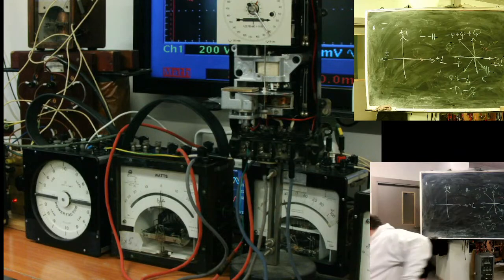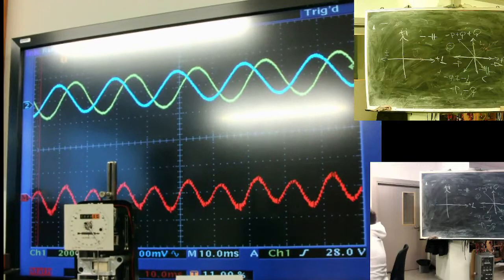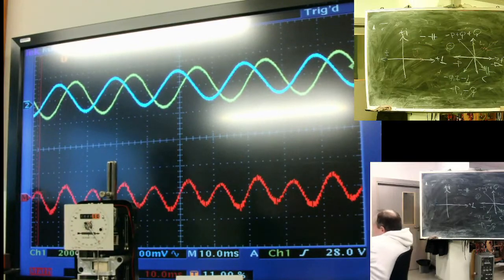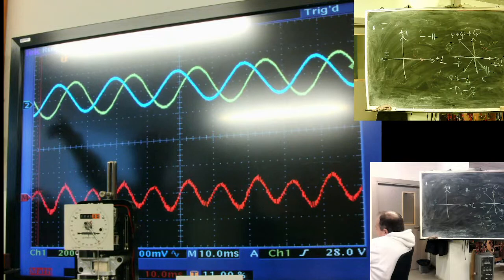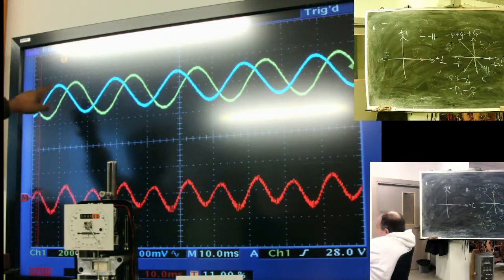No, it's leading, I think. What's first, current or voltage? The voltage. Really? Voltage. From here, zero. The voltage is lagging, the current is leading.